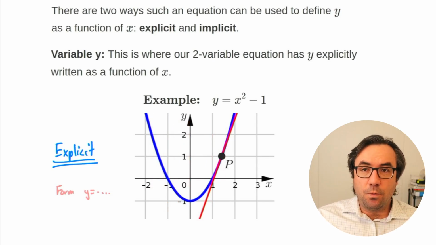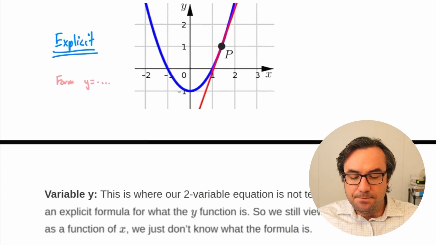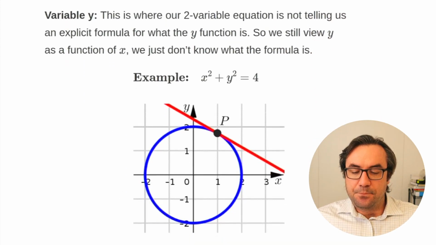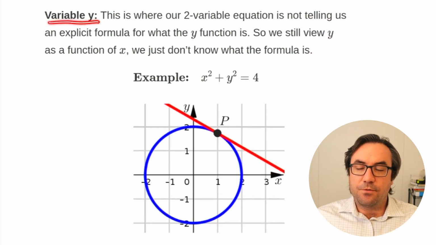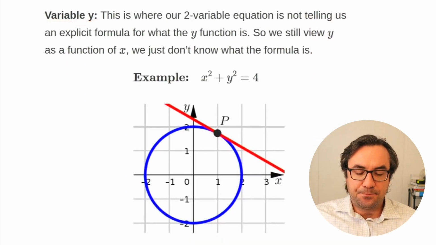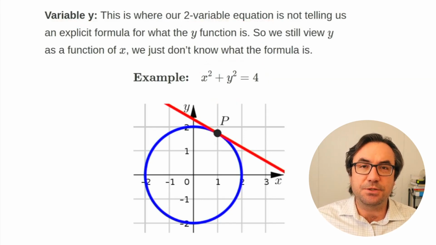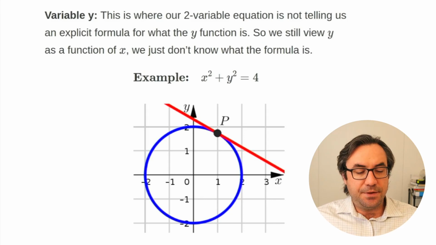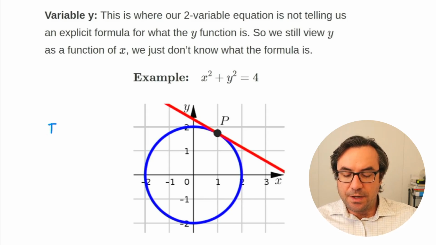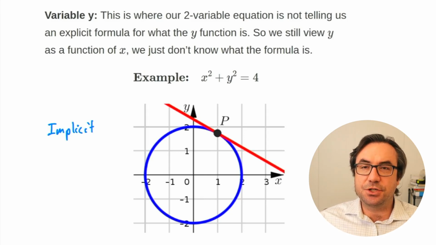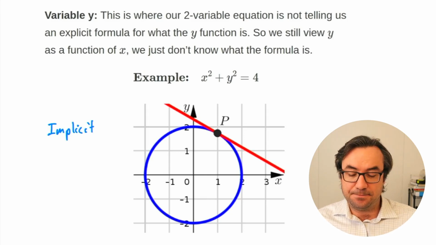All right, so what is an implicitly defined function? Again, we're focusing on our variable y. We have a two-variable equation. Here's an example: x squared plus y squared equal to 4. This is an example where we can view y implicitly as a function of x.